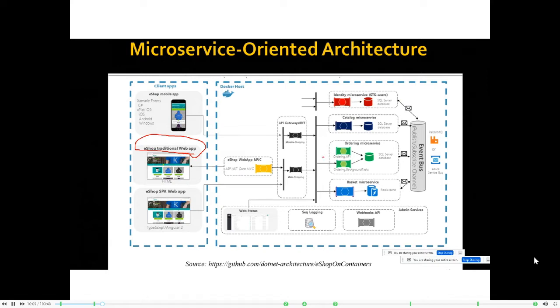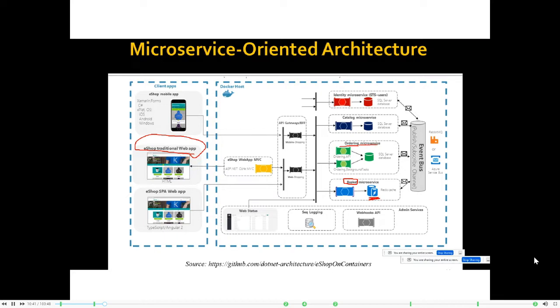So you can see here, each one. For the basket, how to handle the basket, we implement a basket microservice. In this case, you can see this basket service has its own data source. Here is order, how to process ordering.